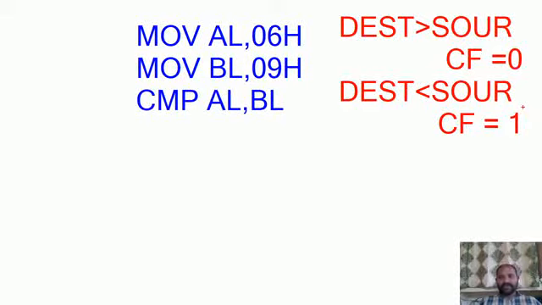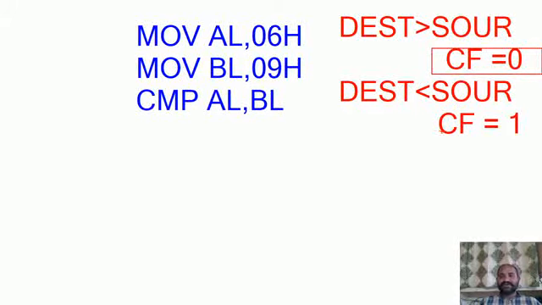In this example, I am assuming that AL is the destination value, which is always greater than the BL. If the AL is greater than the BL, what are we supposed to do? We are supposed to look for the carry flag. Whenever the destination is greater than the source, the carry flag should be equal to 0.